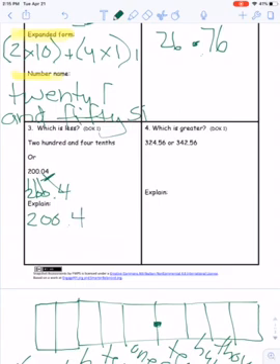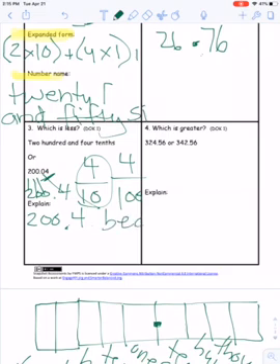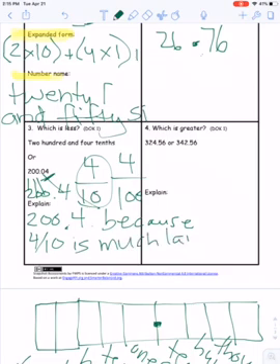If you're thinking about that, that's the difference between 4 out of 10 slices and 4 out of 100 slices. That's way larger, correct? So I'm going to say 204 hundredths is less, because 4 tenths is much larger than 4 hundredths.